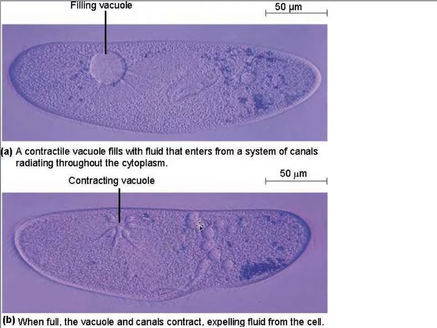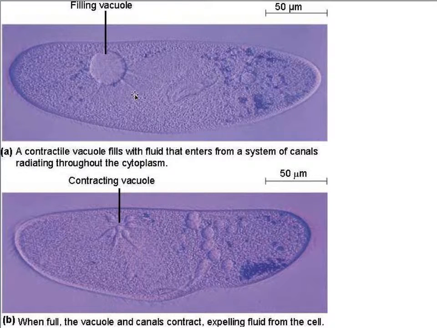Another type of active transport occurs in single-celled freshwater organisms, such as this paramecium. Since there's a higher concentration of water on the outside of the cell than on the inside, water always wants to be flowing into the cell. This is bad because it could cause the cell to pop, or it could disrupt water, salt, nutrient and sugar balances inside the cell.